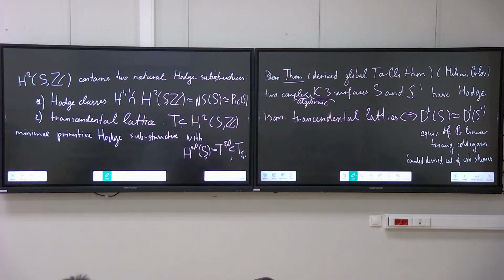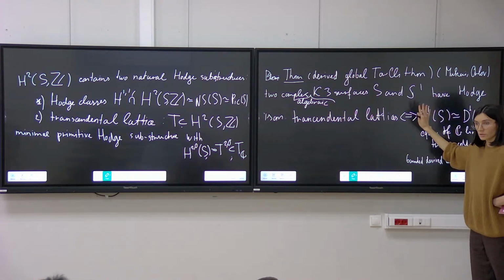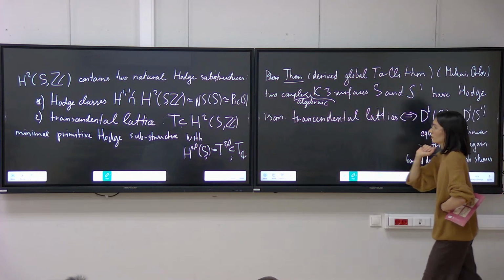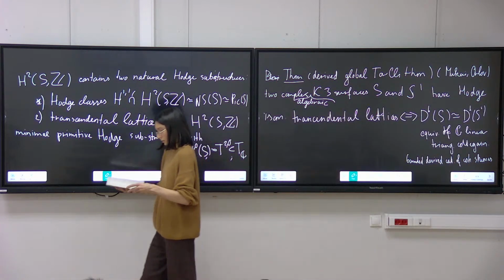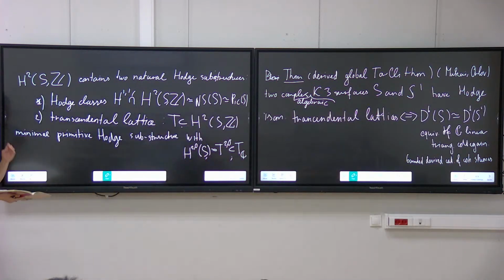I'm not sure that we will have time to discuss this, but at least I give you the statement. So for bounded derived categories, we have this: this substructure determines the derived category, and the whole structure determines the whole K3 surface.